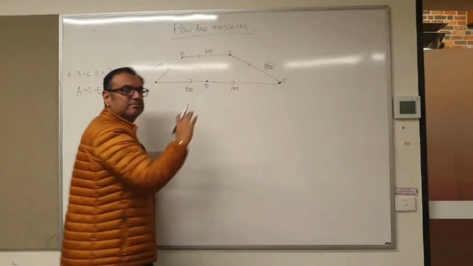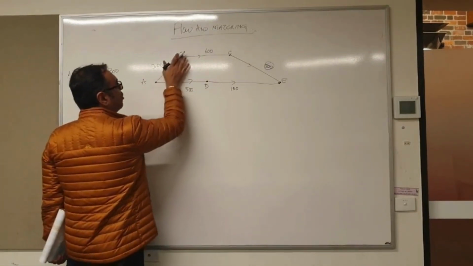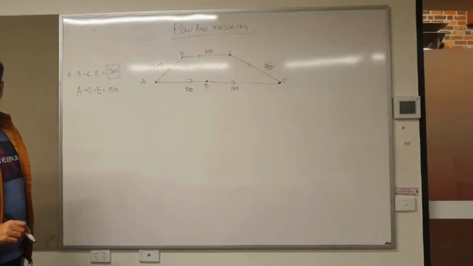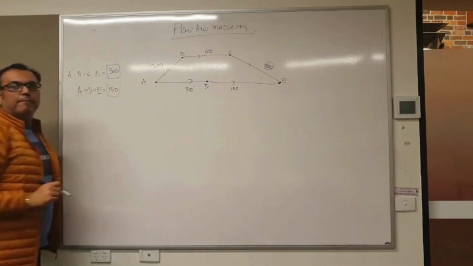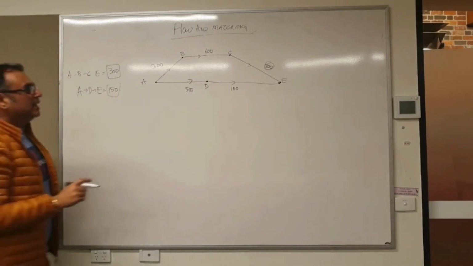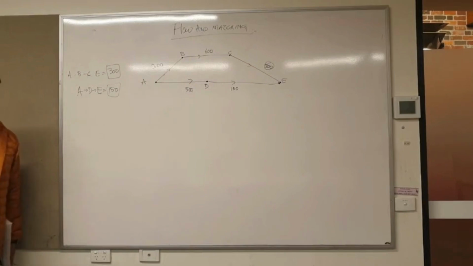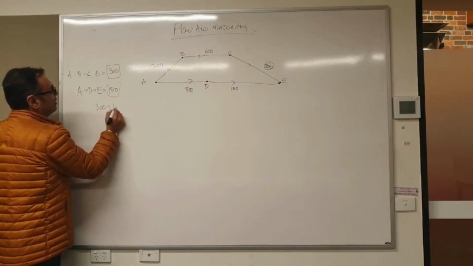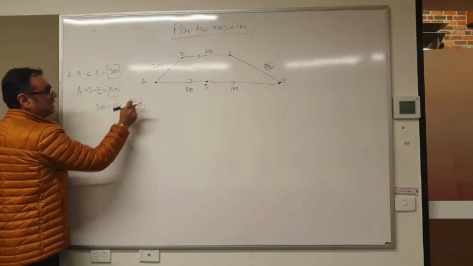This flow is throwing 300. This flow is pushing 150. What's the maximum E can handle? Only E, 800, right? If I combine all of that, this is 450, still less than 800.